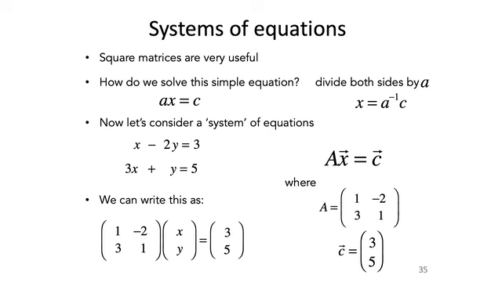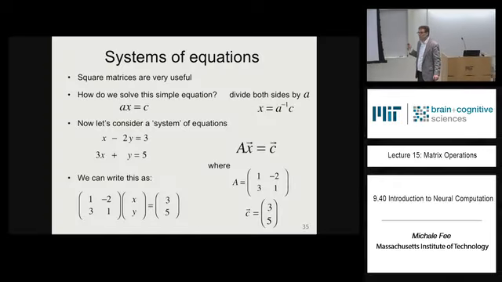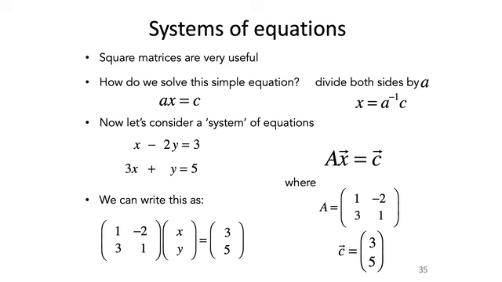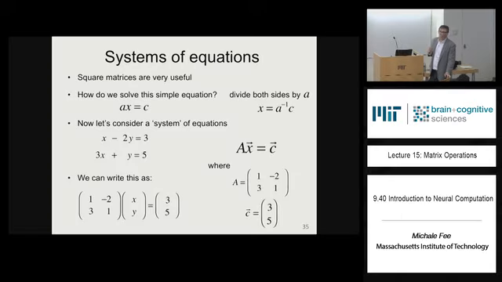Okay? So you can write this down as ax equals c. That's kind of nice, where this matrix A is given by these coefficients, and this vector c is given by these terms on the right side of the equation.